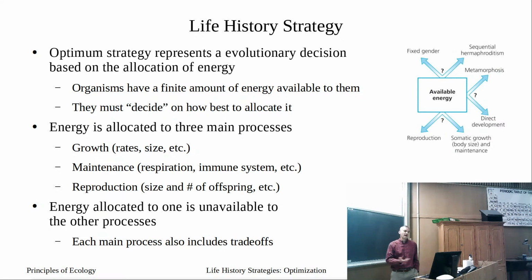So where is this allocation of energy coming into play? Well, each of our organisms has a finite amount of energy. They consume energy, and then they have a finite amount of energy that they then allocate to one of three processes. They have to allocate this limited amount of energy to growth, to maintenance, or to reproduction.